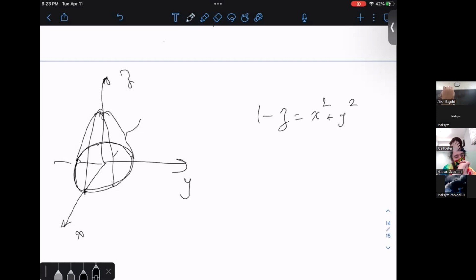Is that correct? I want this point to be 0, 0, 1. And if z is equal to 0 in the xy plane, I want the equation to be x squared plus y squared is equal to 1, which is true here.